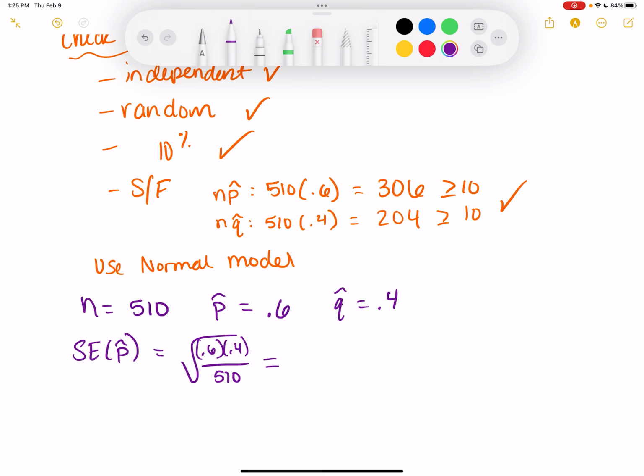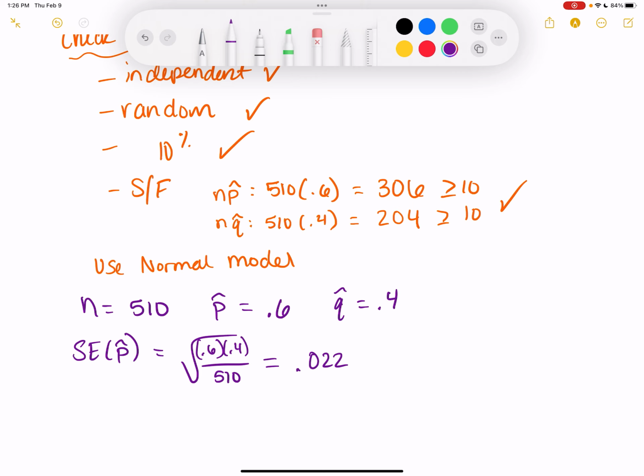That is 0.00047. And then the square root of that is 0.022.